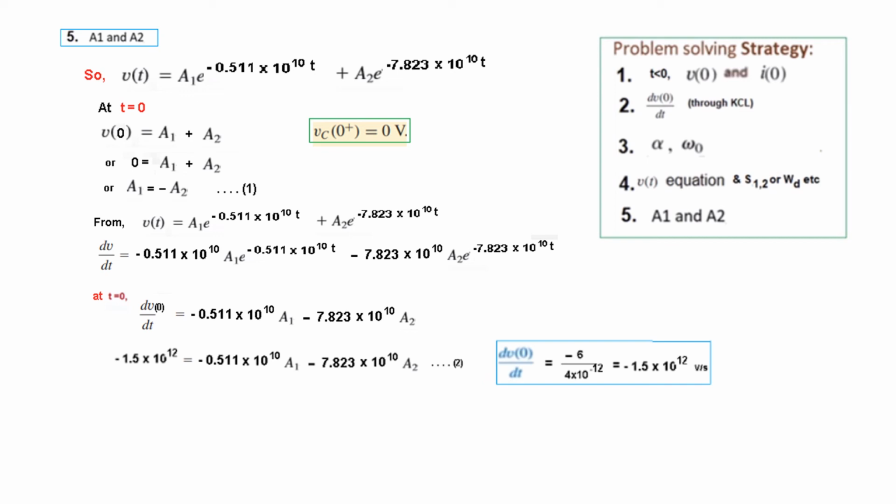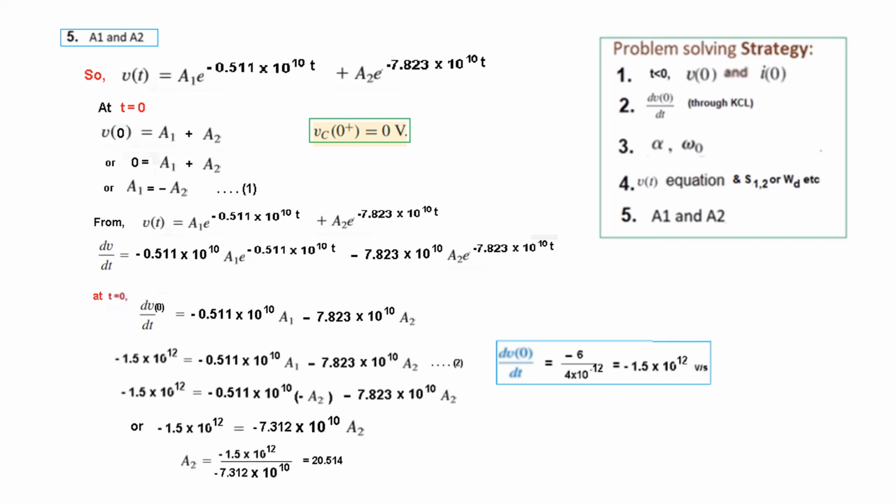Now in this equation we'll put the value of A1 from here. Putting A1 equal to minus A2, we can solve for A2. And then finally A2 will be 20.514. So we have found A2. Now A1 is just minus of this, so A1 is minus A2.